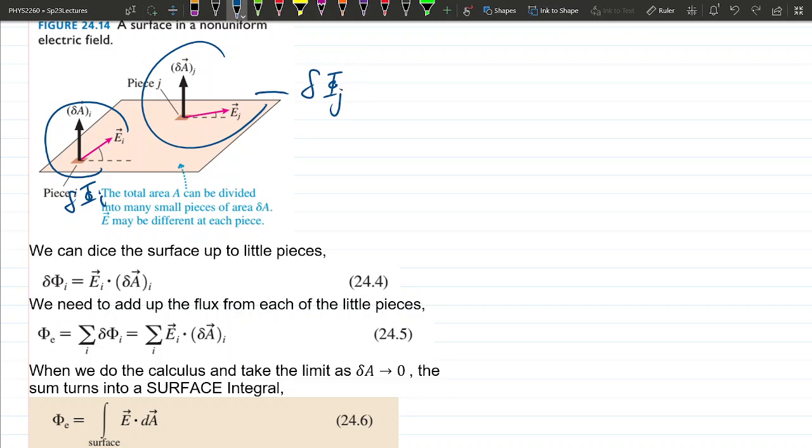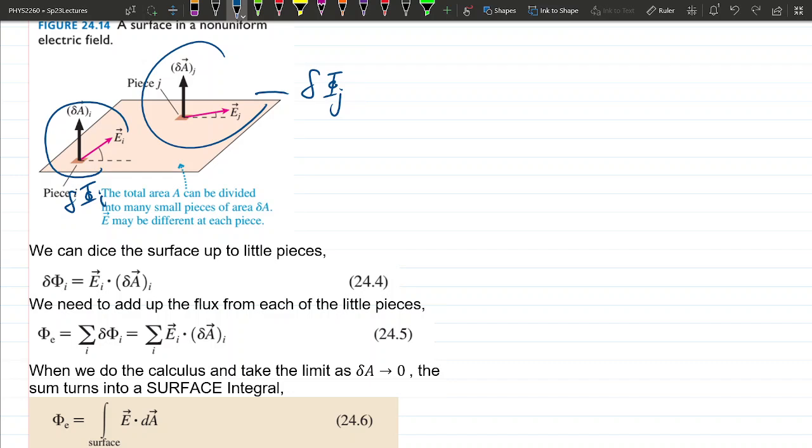And the total electric flux, because these are just numbers, you just add all these numbers up together. So if I have i and j, I can add k and so on, and all you have to do is add up all these little tiny bits of electric flux, and then you get the total electric flux.